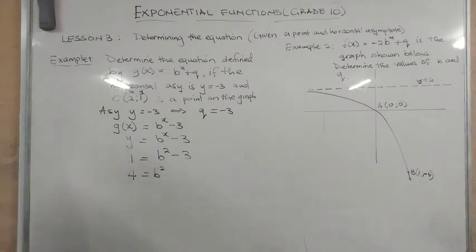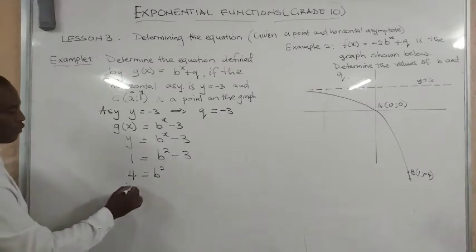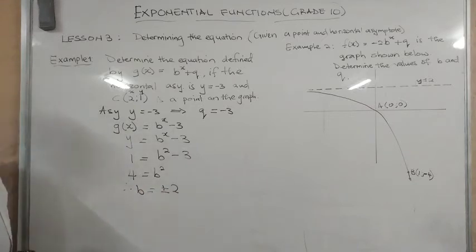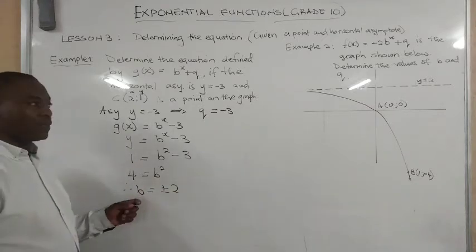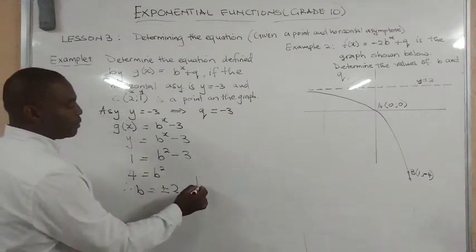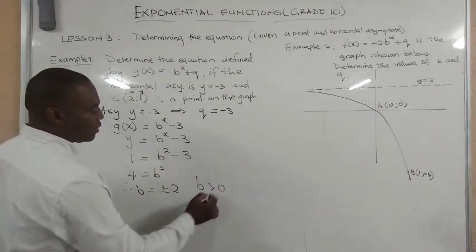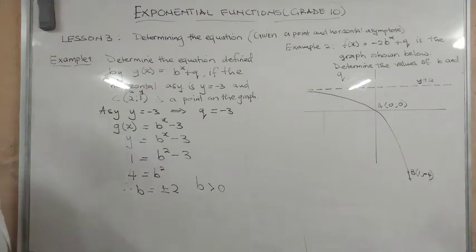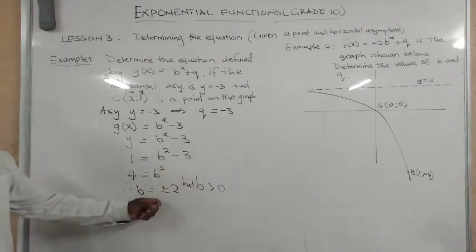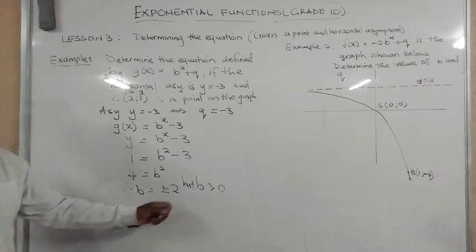Now, if b squared is equal to 4, what is b? We find the square root. So we are saying therefore b is equal to plus or minus 2. But let's also remember the condition on b from the beginning. We said b should be greater than 0. So if b should be greater than 0, that means we are going to disregard the negative answer.